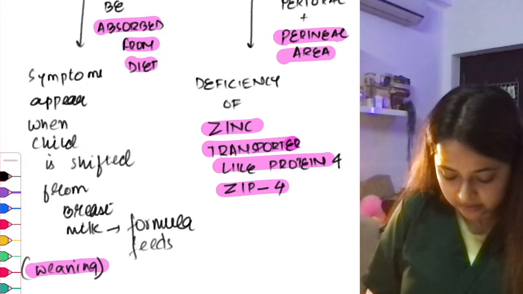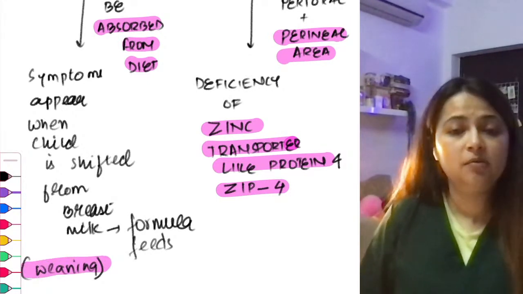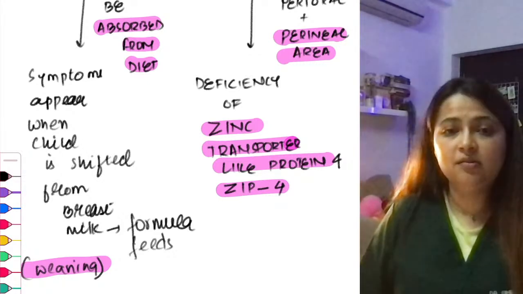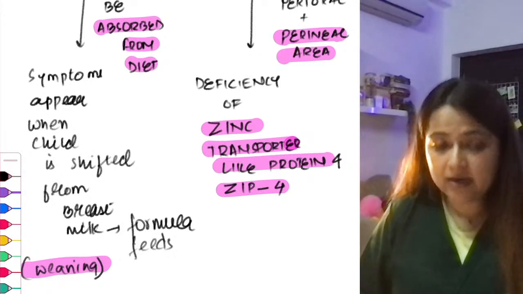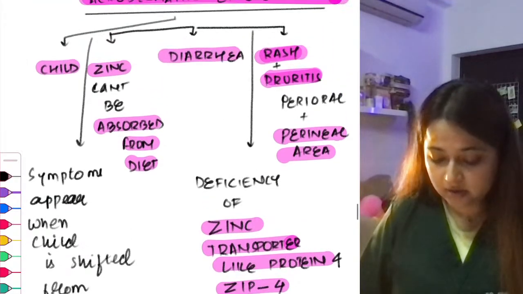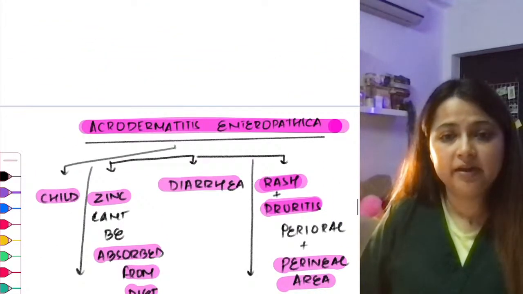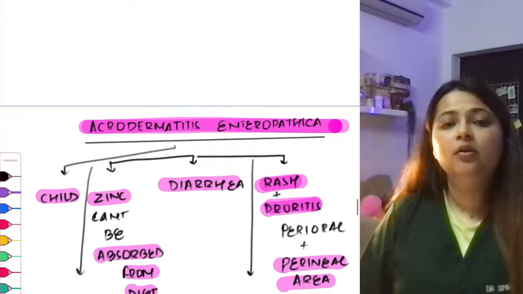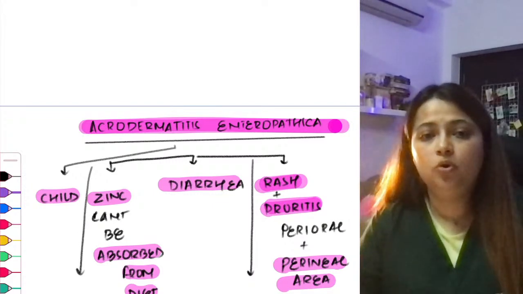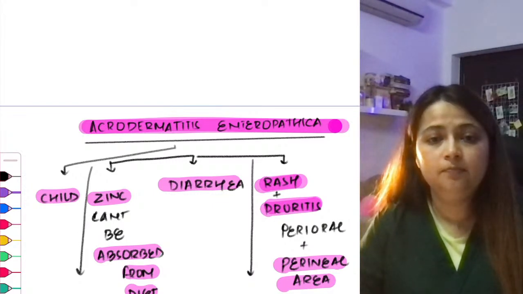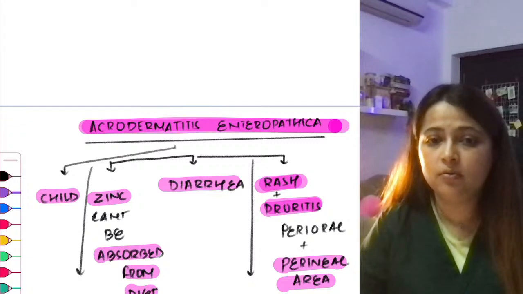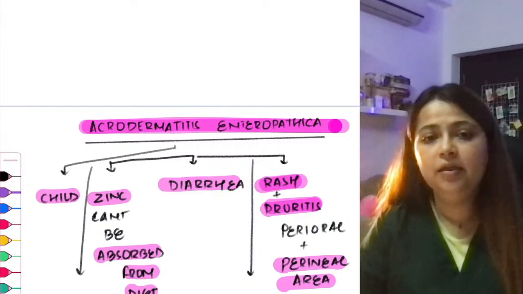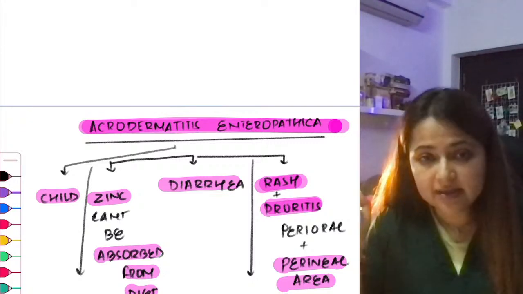That means when weaning is started, then these symptoms start to appear. So this is very important regarding zinc deficiency. So keep this in mind. Acrodermatitis enteropathica. Okay, when you talk about zinc deficiency overall, the patients could also have alopecia. So hair loss is also a very important feature that you see in case of zinc deficiency.